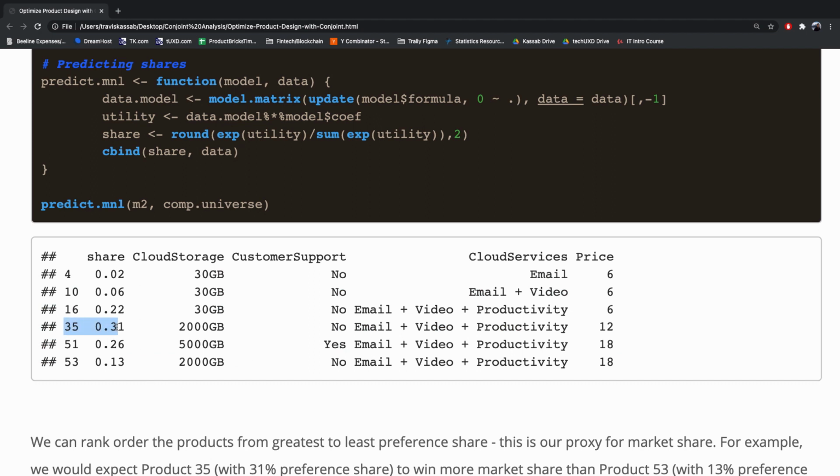So 35 is the winner with 31% preference share, 51 is second, and our product came in third, not bad, with 22. We can see that this first product profile only won 2% of market share. Why? Because it only has 30 gigabytes of cloud storage, there's no customer support, and it only offers email. Like, who would want that product, even for $6 a month? So that's cool, right?